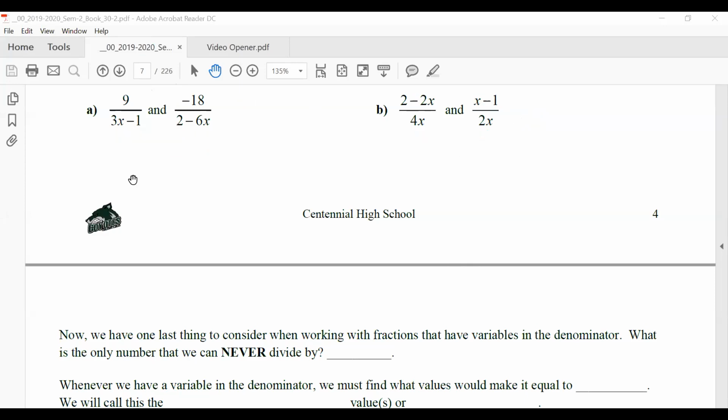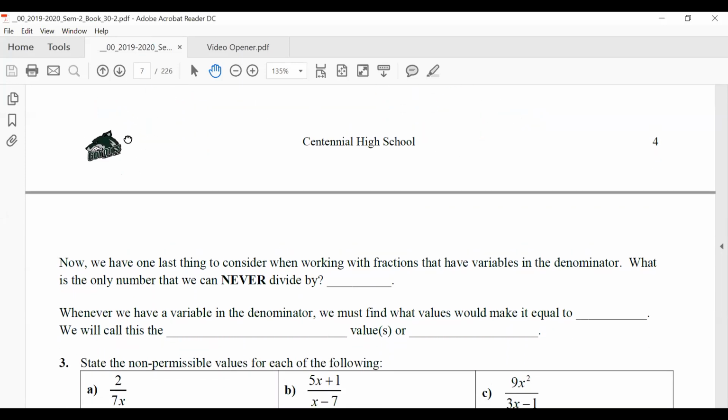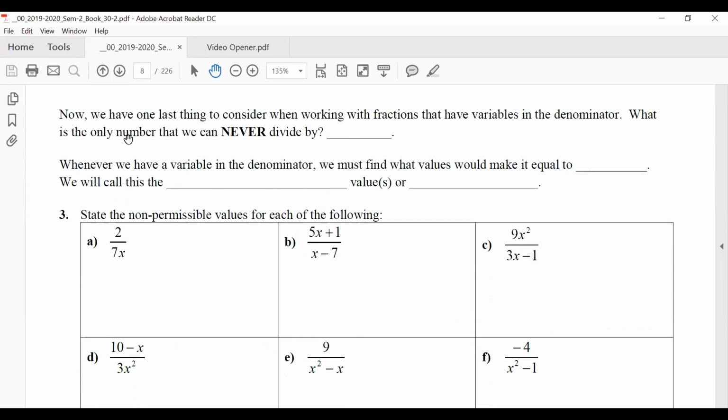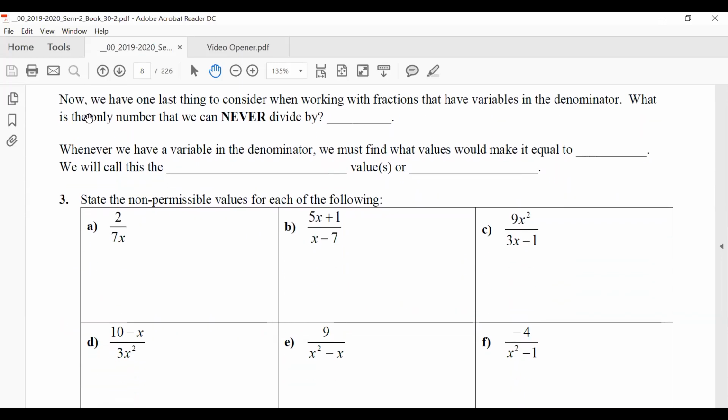Okay, let's continue on then. Next page. What we want to start thinking about is when we're dividing by numbers, there's one number that we can never, ever divide by.